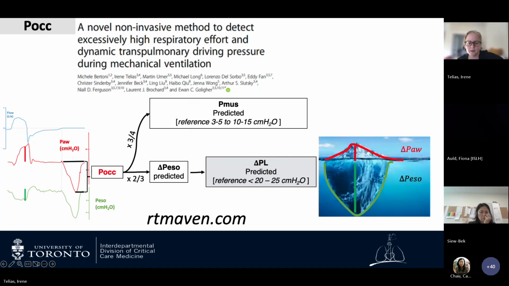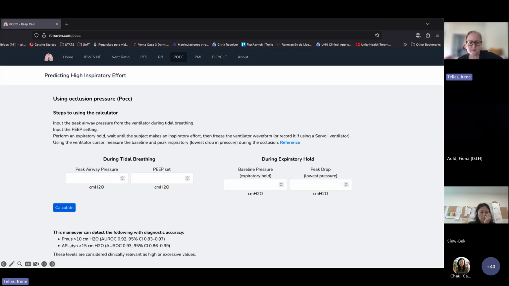Okay. If we don't remember how to do these things, we don't need to. We just go to a web page called rtmaven.com. On the left upper corner, you see the address. And then you go to the P.OC option, and it will give you a reminder on how to do this. So you just input the values that you got.